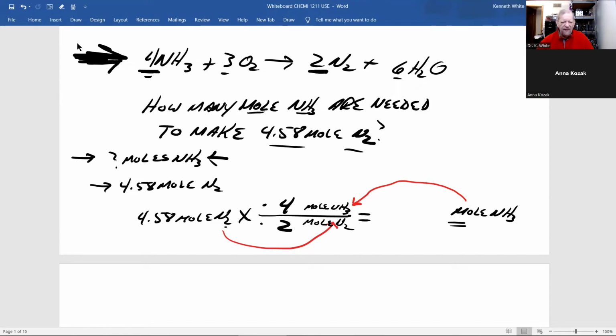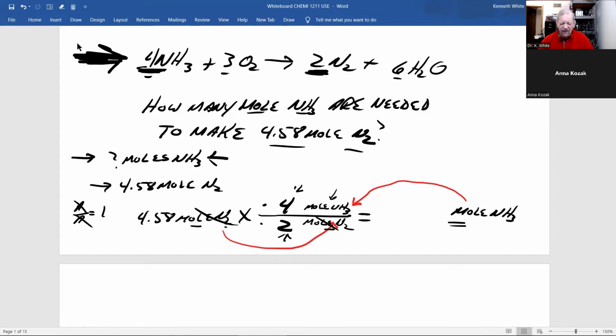Again, for every 4 moles of ammonia, that's where I got the 4, we make 2 moles of nitrogen. And that's where I got the 2. So now before I pick up my calculator, notice moles of nitrogen divided by moles of nitrogen. Anything divided by itself equals the number 1 because it cancels out. And I'm left with the units I want.